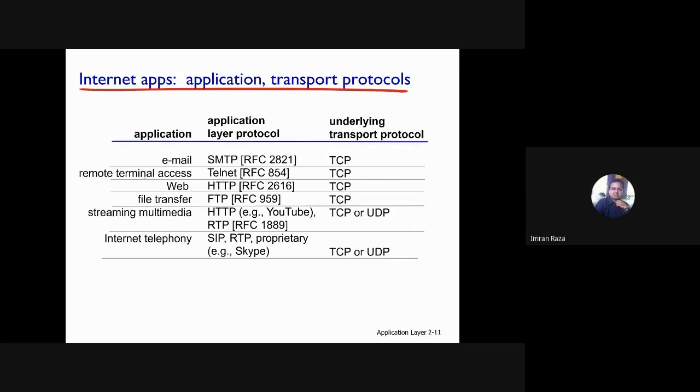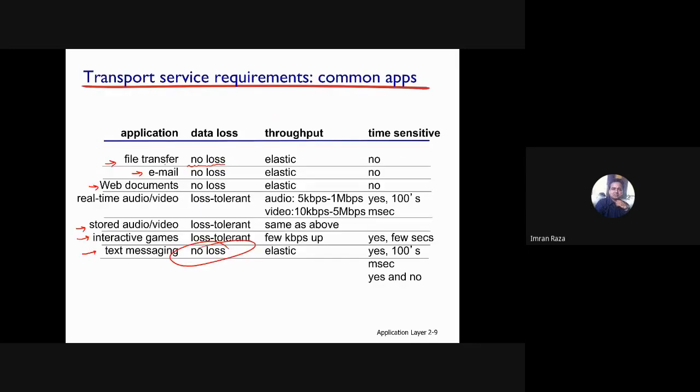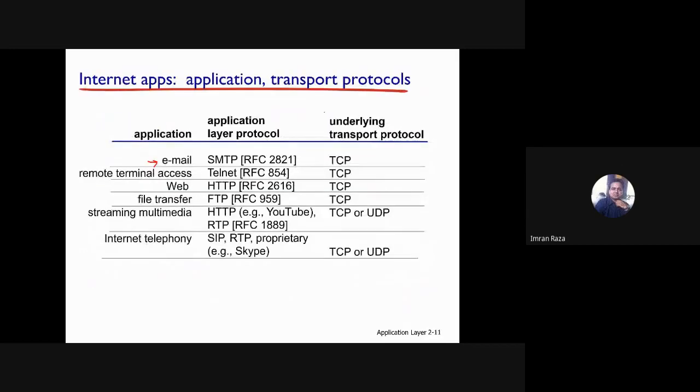So now look at the application. The application is email. What was the requirement of email? No loss. There's no time sensitivity, right? So what do you think? What sort of transport layer protocol is required? TCP. Why?